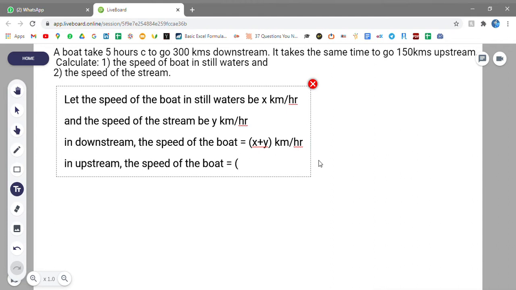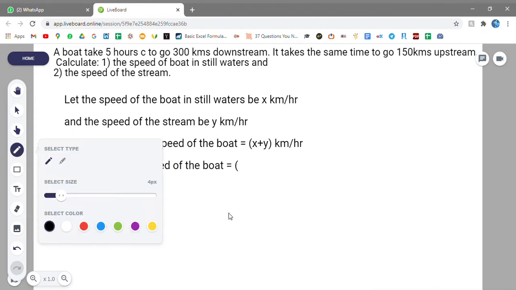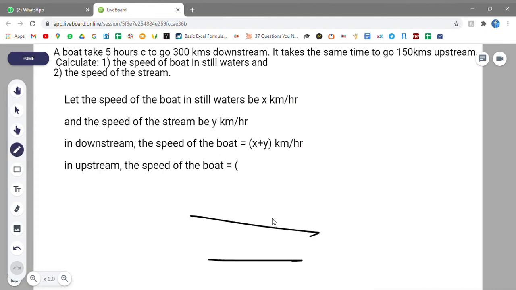The water speed and the boat speed were supposed to be added, but here the boat is going against the water. Water is flowing this way, but the boat is going the other way. If the boat is going up and the water keeps flowing this side, it keeps pulling the boat back.